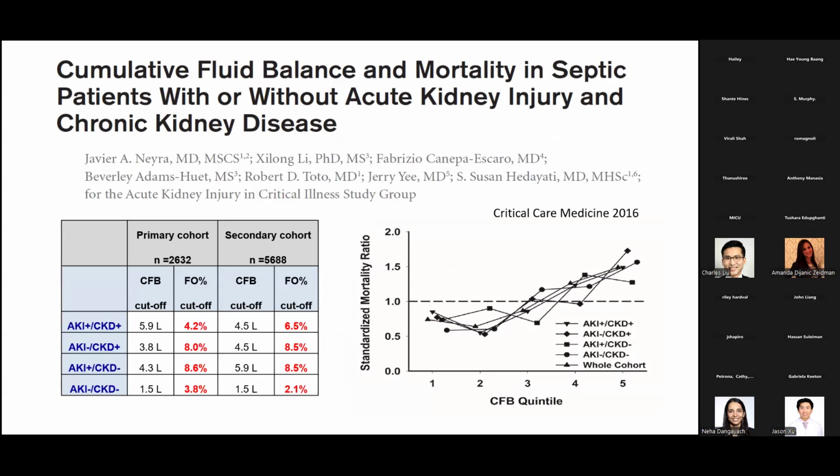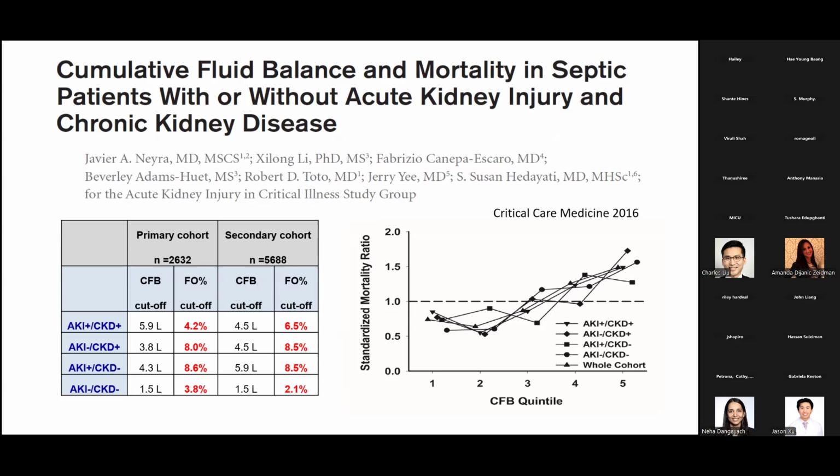Different populations, multiple studies. This is one study from our group where here we wanted to see if this parameter of fluid accumulation, not as fluid overload only, but also as cumulative fluid balance, differentiates this dose-response relationship according to the status of the patient in terms of kidney health.